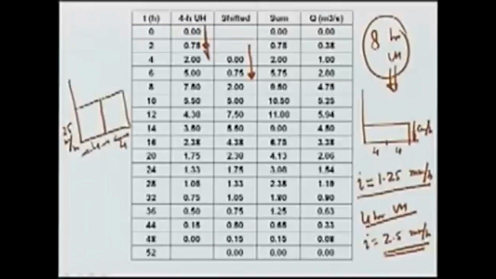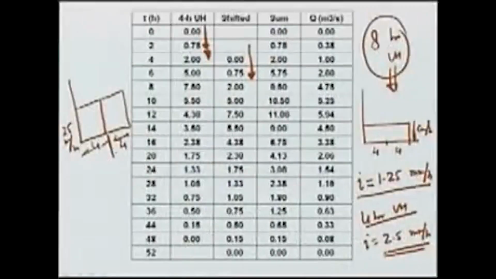This column represents the DRH because of a rain of 2.5 millimeter per hour for 4 hours. This represents same thing, but shifted by 4 hours because the rainfall is now starting after 4 hours. So, we have 4-hour unit hydrograph ordinates shifted by 4 hours. So, this value corresponds to 0, the value at 6 corresponds to 2, 8 to 4 and so on.